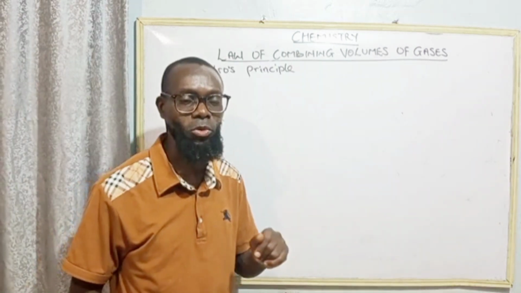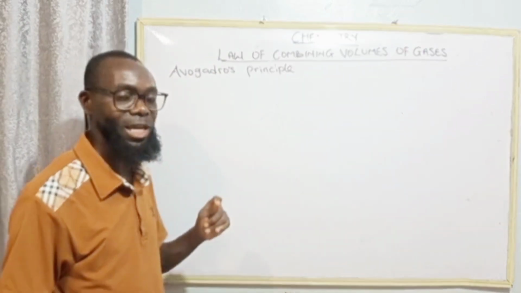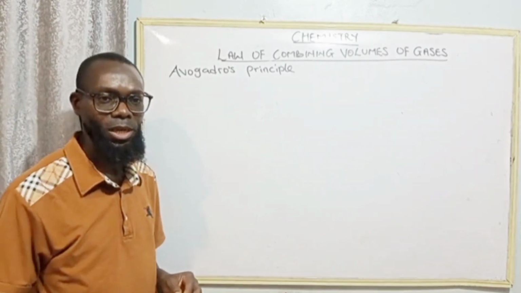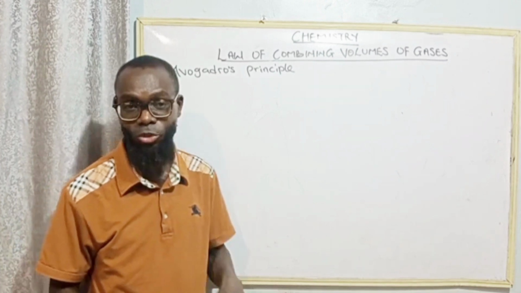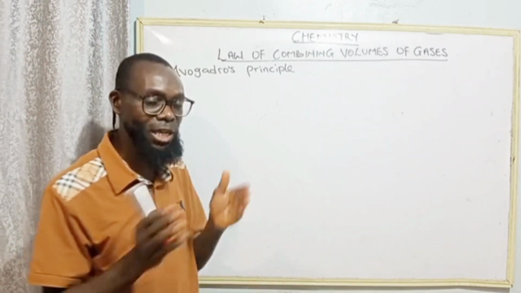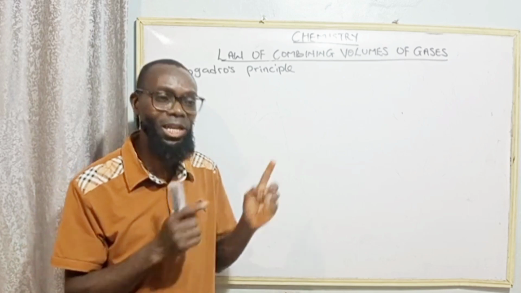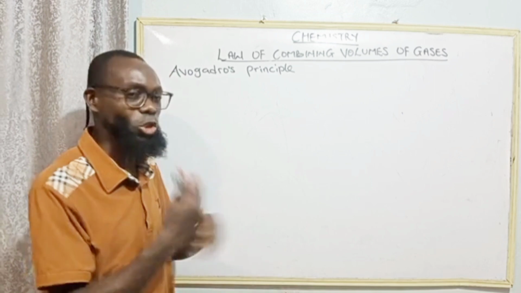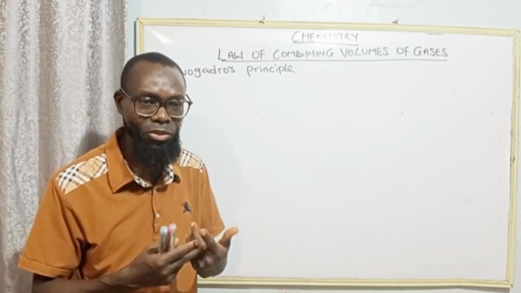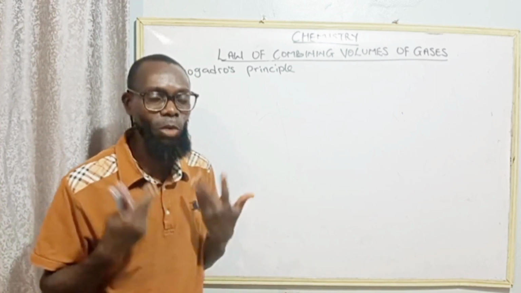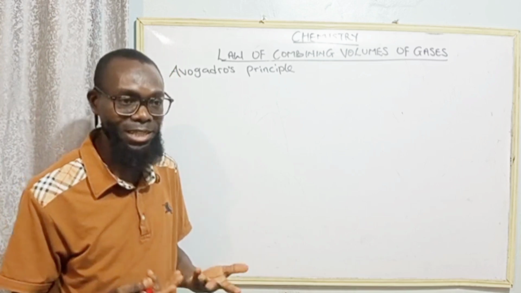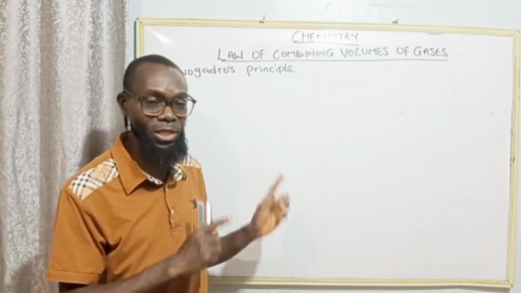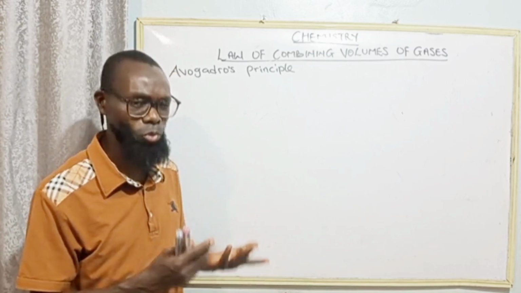The second principle that discusses the reaction of gases is Avogadro's principle. A scientist called Avogadro built on Gay-Lussac's law after Gay-Lussac's death. He also studied the reaction of gases and made his hypothesis, which later became what we call a principle or a law.